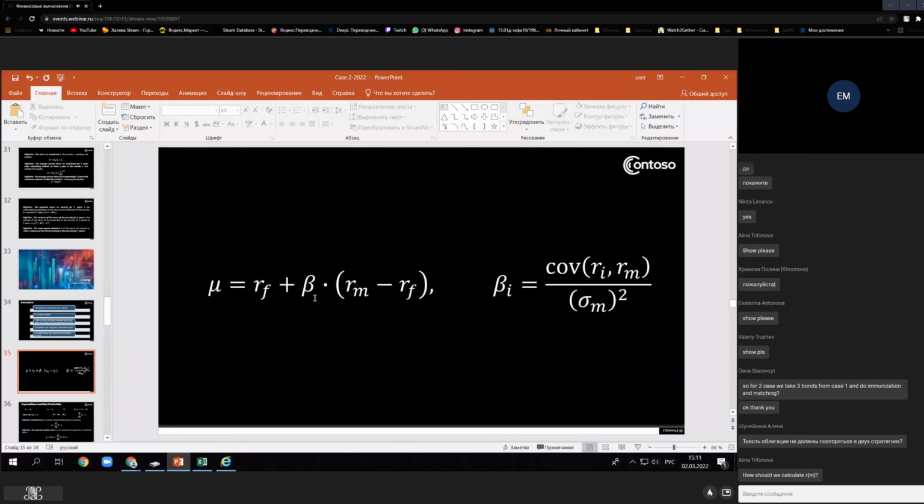In case the beta is positive, it means that your share moves in the same direction as the market. In case the beta is negative, it means they are moving in opposite directions. In case the beta is less than 1, it means your asset is less risky than the market. More than 1, more risky than the market.